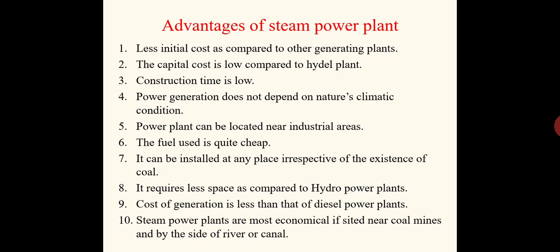Next point is it requires less space as compared to hydro power plants. And the next point is cost of generation is less than that of the diesel power plant. See, the diesel power plant also works on the same principle. Only difference is here coal is being used for producing the steam, but in the diesel power plant, we are directly using the diesel as the fuel.